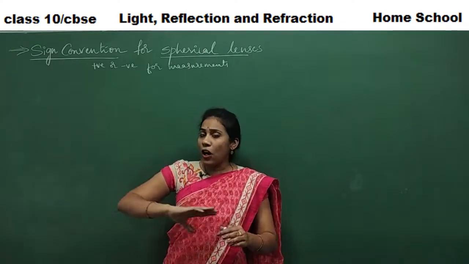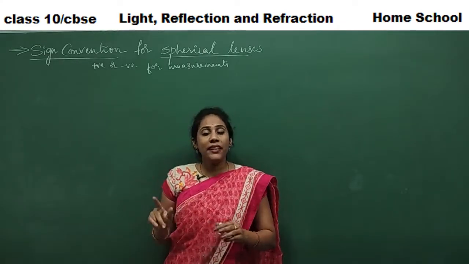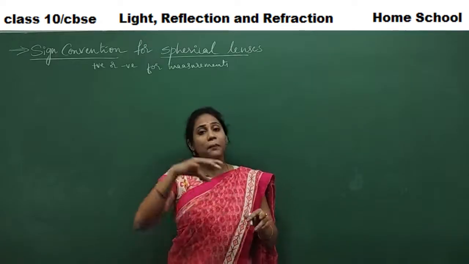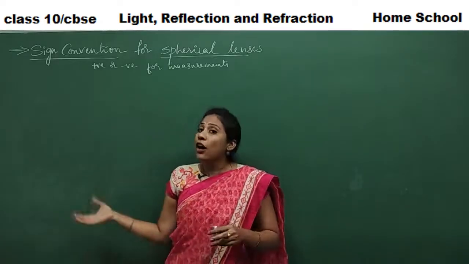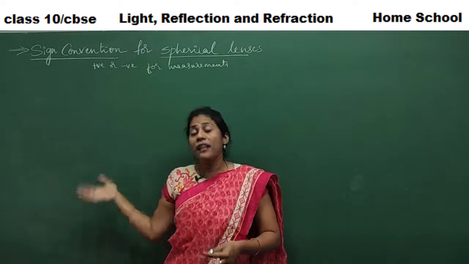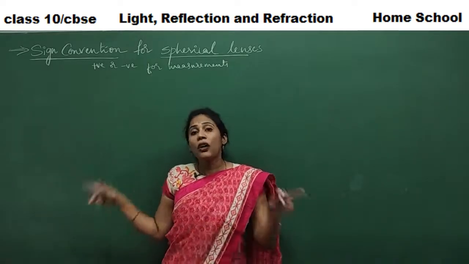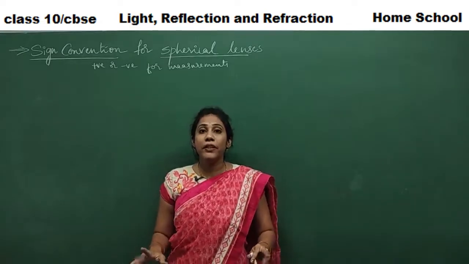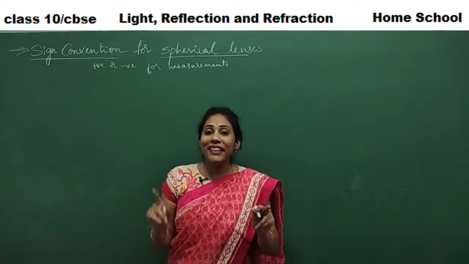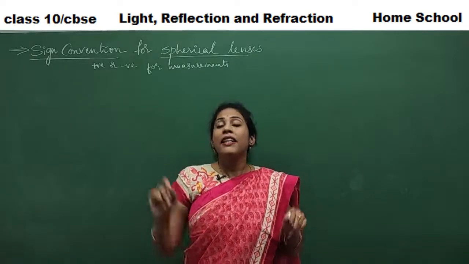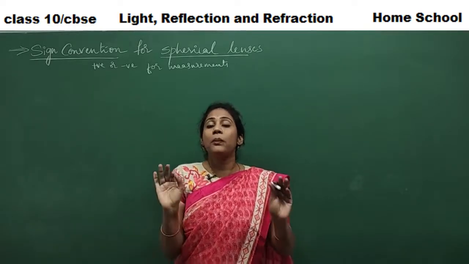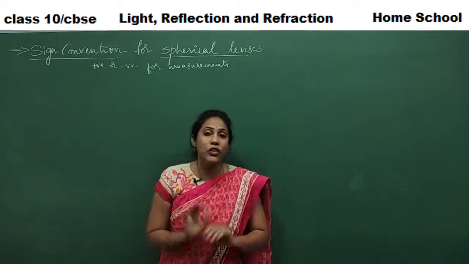All the numericals that you calculate in this particular chapter, either by using a mirror formula or by using a lens formula that you will study later, all these calculations require sign convention. If you do not have an idea about sign convention, it is highly impossible to solve the numericals or problems in this chapter.